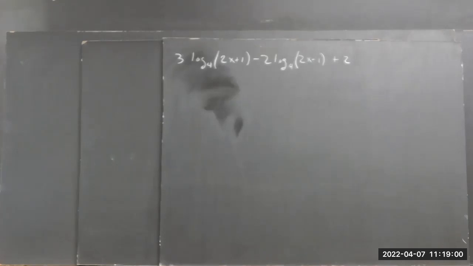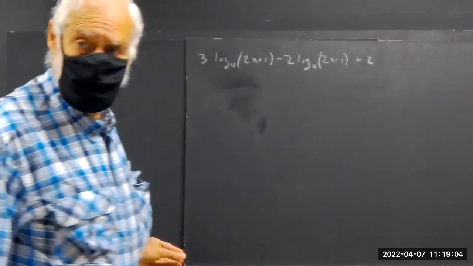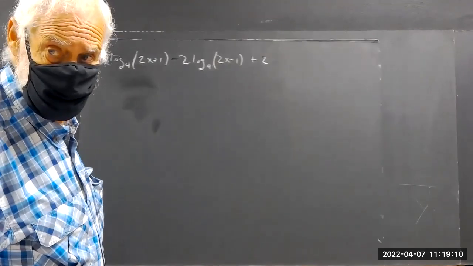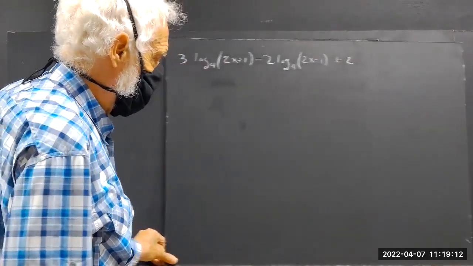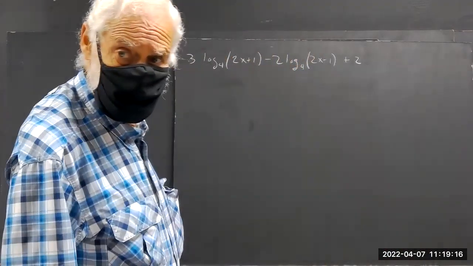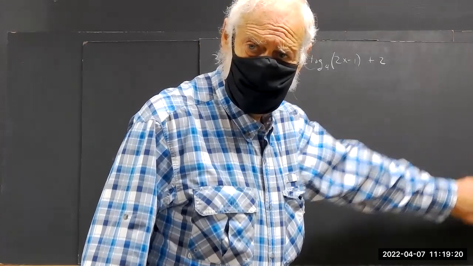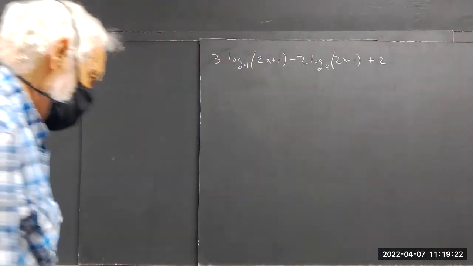Okay, now we've got a slightly more complicated expression here. Somebody had a question on this, so it's a good example. Well, come on, we'll do a little bit. Let me come here. Okay, that's what it is.